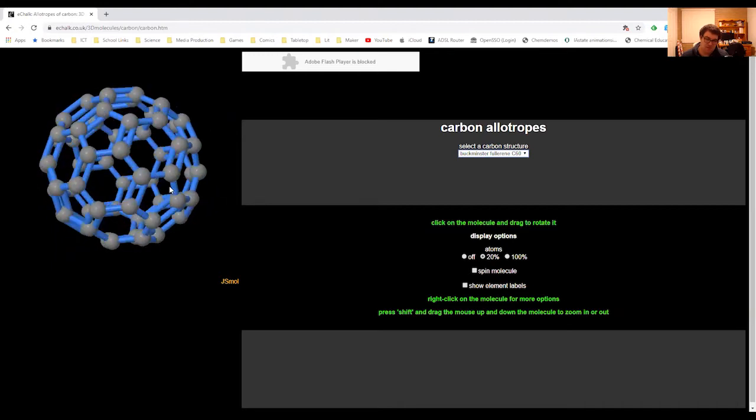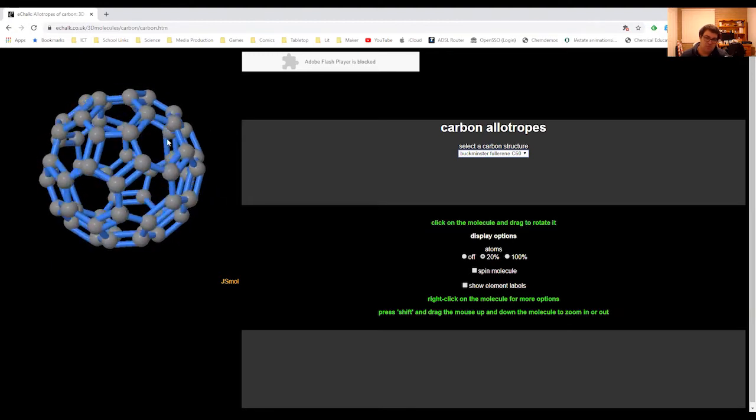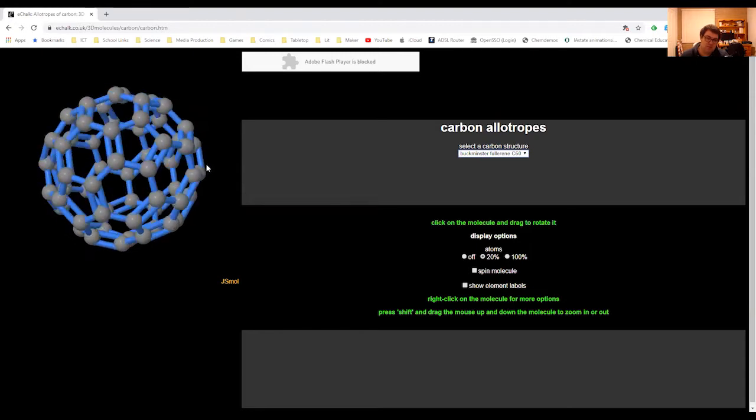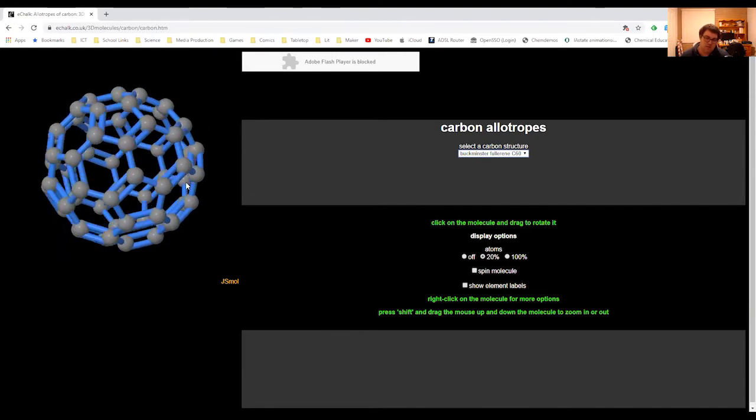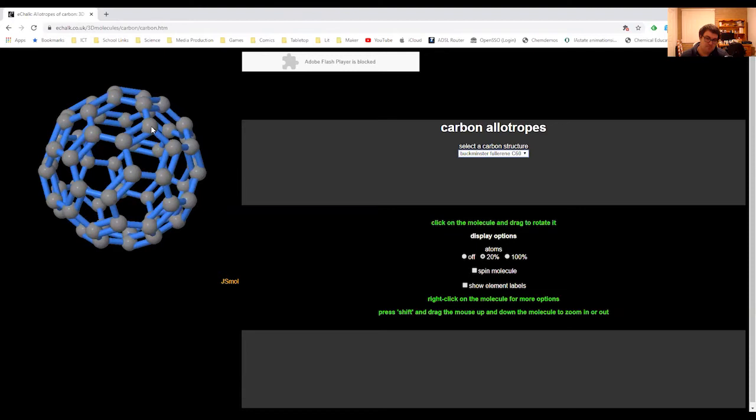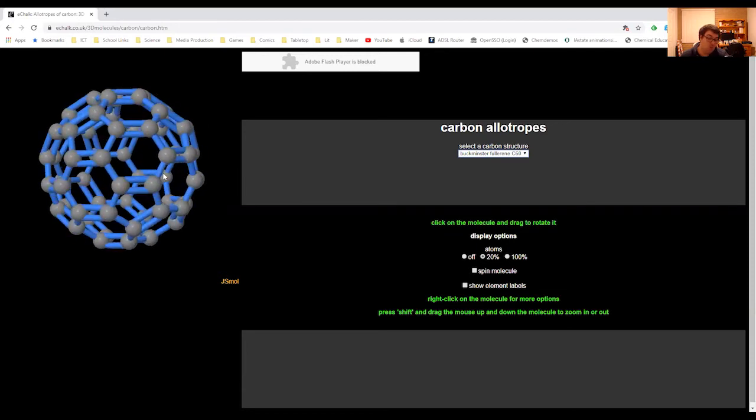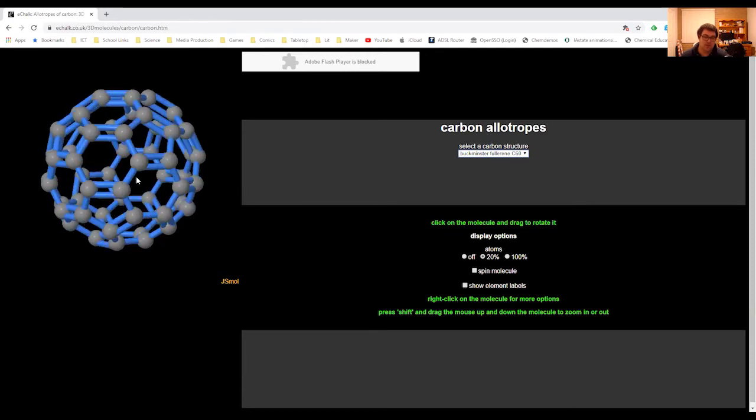These are interesting macromolecules, large molecules. One of the things that they can be used for is a lubricant, because they will roll on a molecular scale.